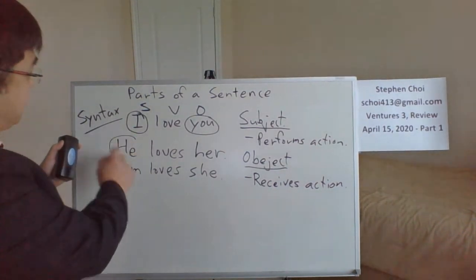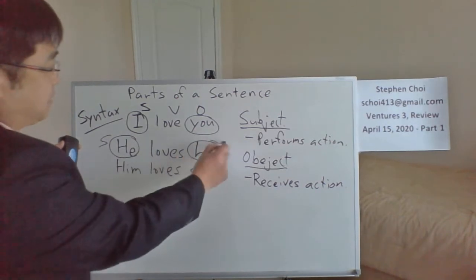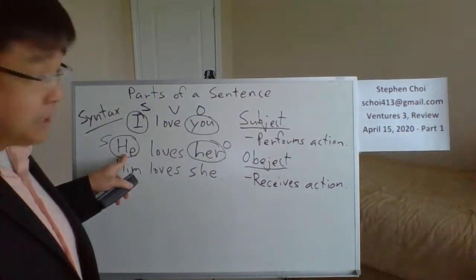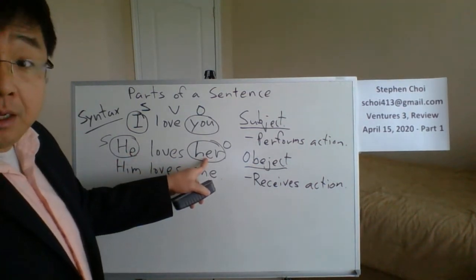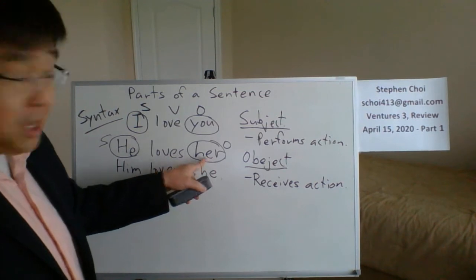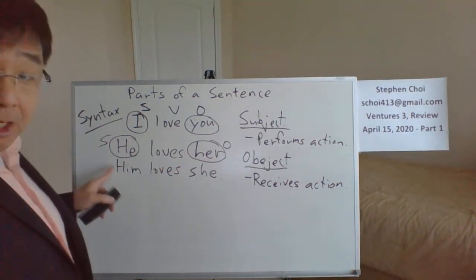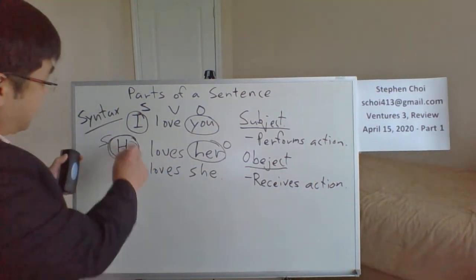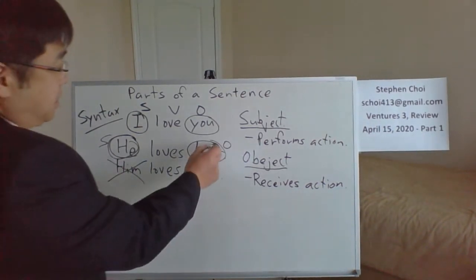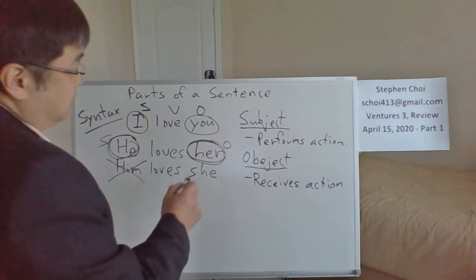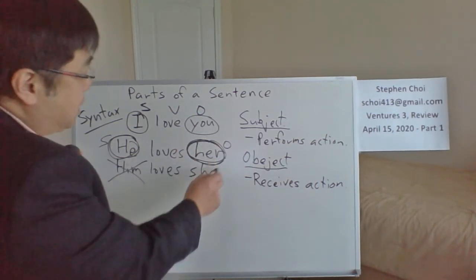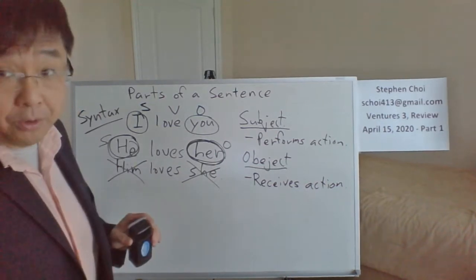Why isn't it right? Because this should be the subject and this should be the object. Remember, that's the subject pronoun, third person singular masculine, and that's the third person singular feminine object pronoun. So for the subject place, you want to use the subject form, not the object form. And same thing here, you want to use the object personal pronoun for the object position, not the subject pronoun.